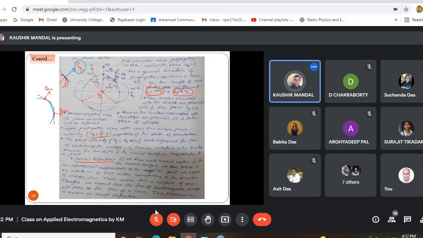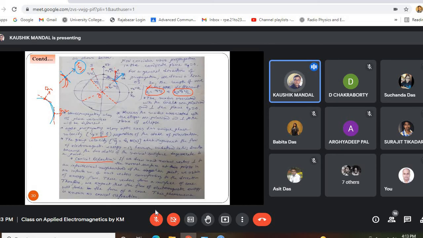If you draw the normal corresponding to the surface along the spherical shell, that will be the direction of the unit vector. Now if you draw the unit vector considering the ellipsoidal surface at this crossover point, that will be the direction of the unit vector.